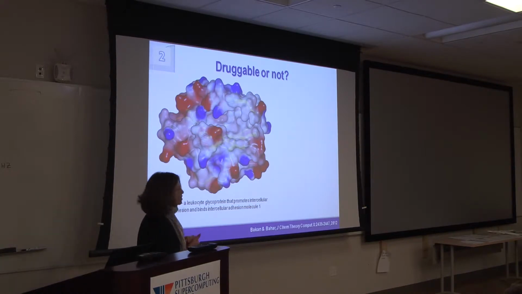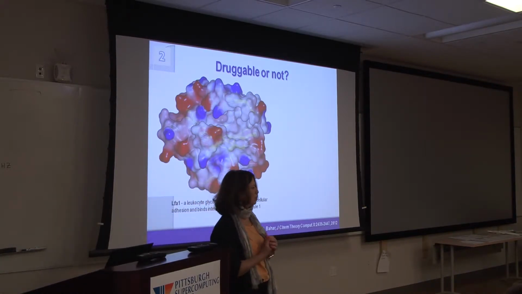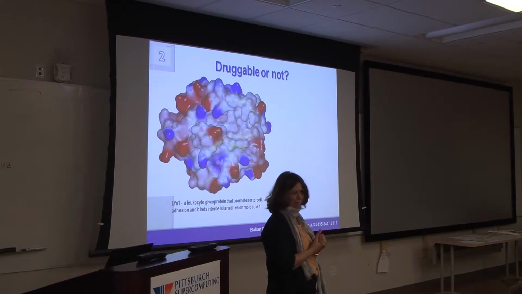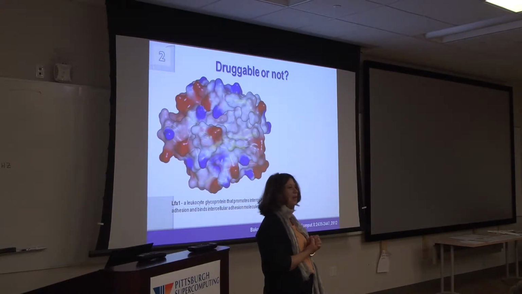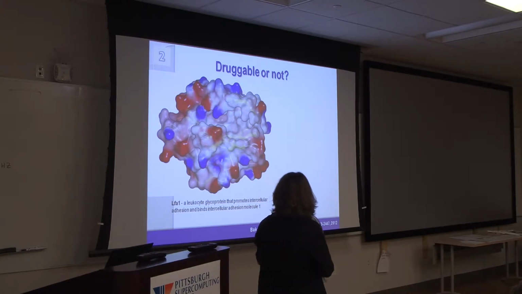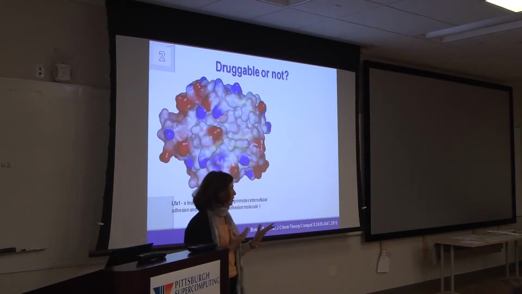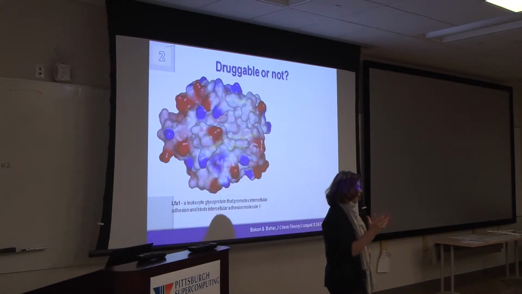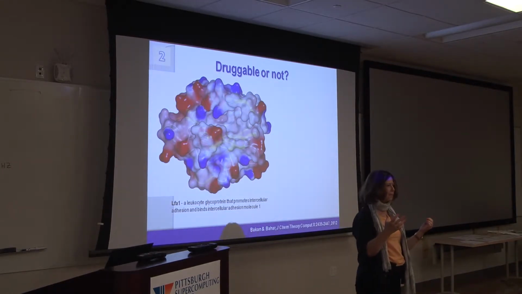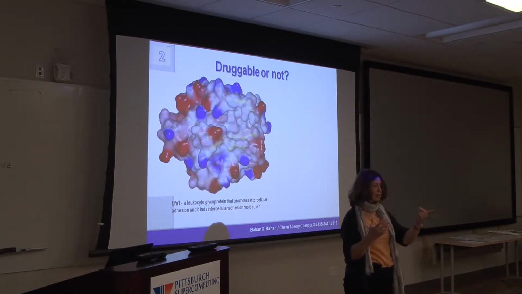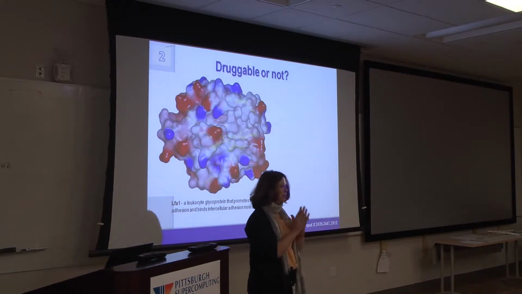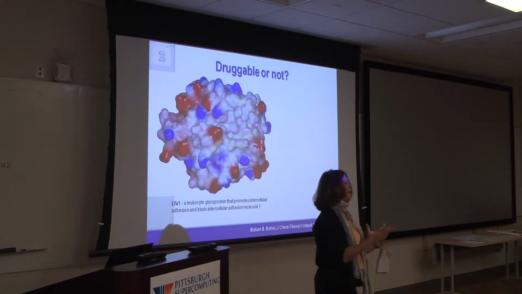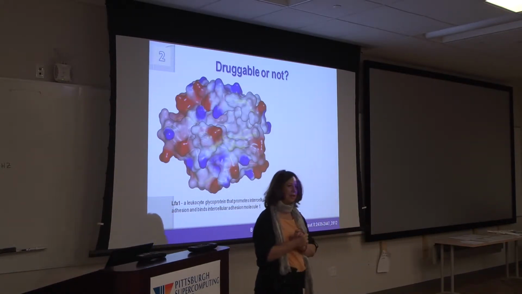Now, if you look at this, can you tell me, do you think that it's druggable or not? You can, actually. So what do you look for when you just examine a protein structure and you want to see whether you can bind something? A pocket, that's exactly true. You look for a pocket that would be really binding a small molecule.